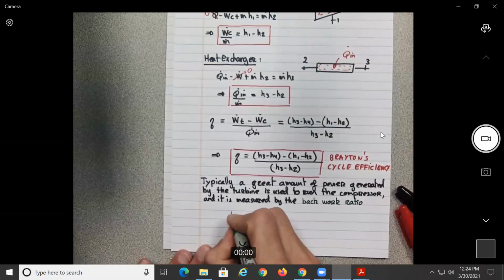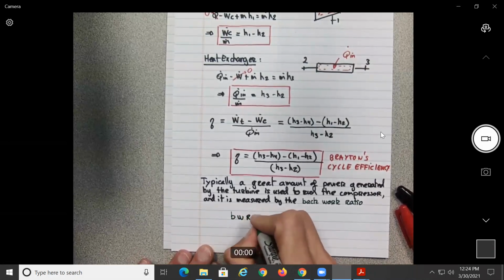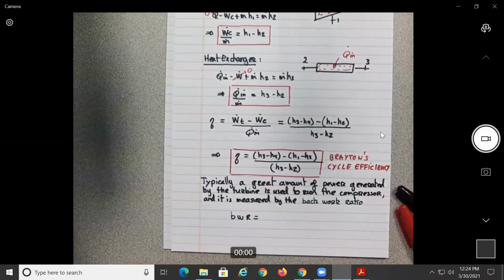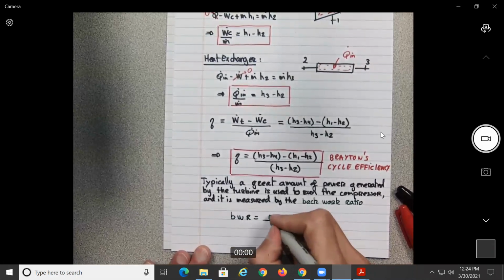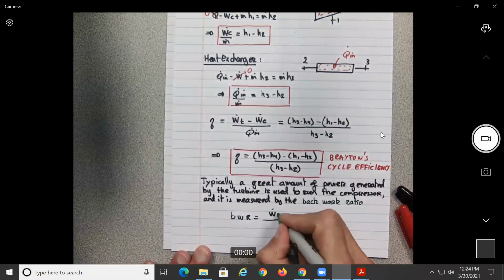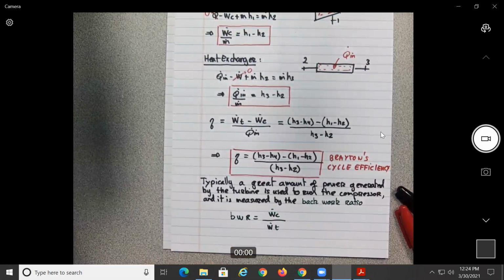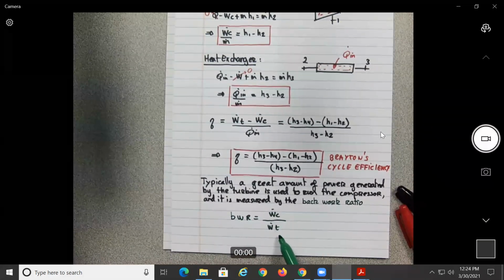So the back work ratio, BWR, basically is just the ratio of the work of the compressor divided by the one of the turbine. So basically it is the percentage of the power used by the compressor divided by the power generated by the turbine.